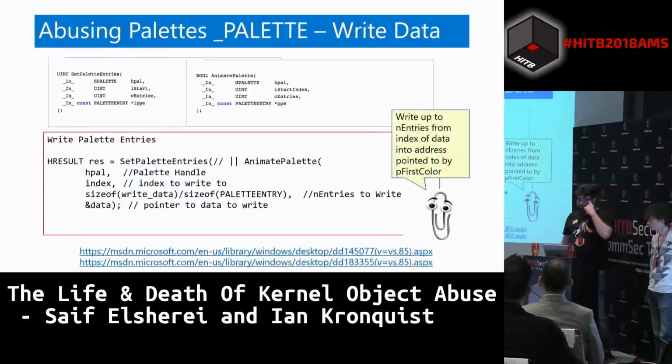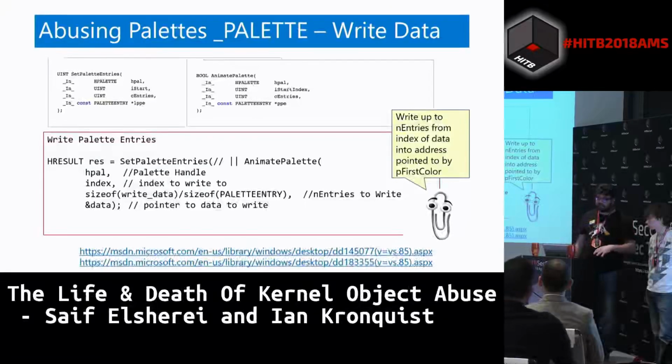There are actually two functions that can be used to write data to palettes: SetPaletteEntries and AnimatePalette. These functions will write up to n entries from a specific index into the data that is pointed to by the pFirstColor pointer. Now you can see how palettes can be very powerful, specifically in that they allow you to write a specific amount of data to a specific location that you can control, and we will see how we can abuse that in a minute.